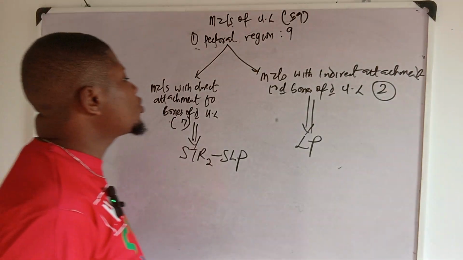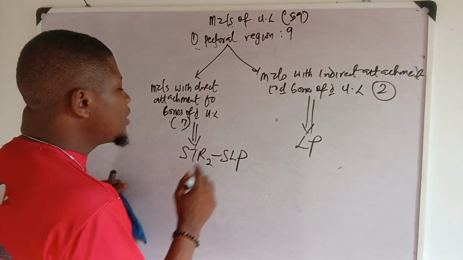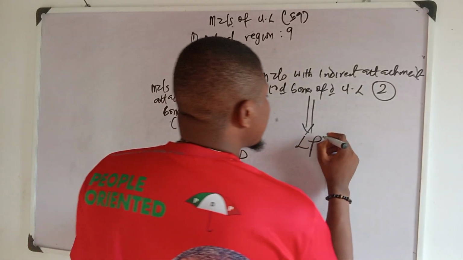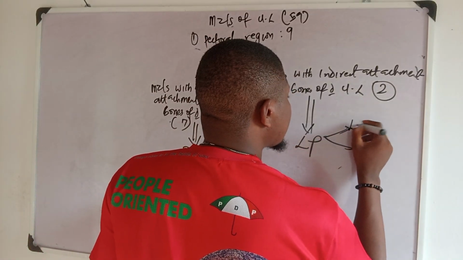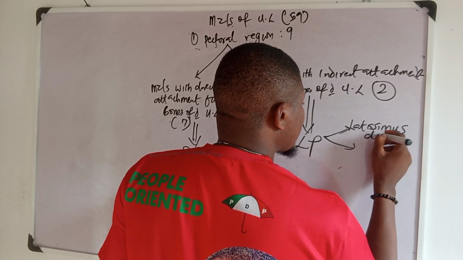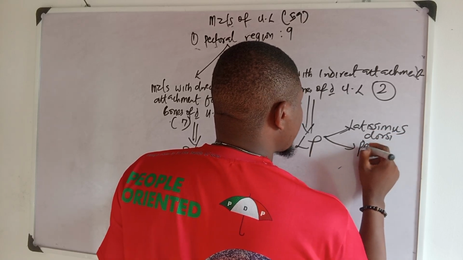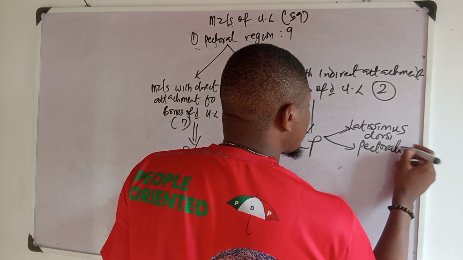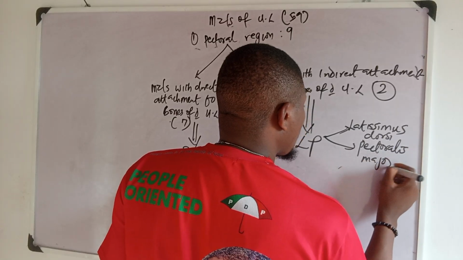Let me list the muscles first. In this LP, L is latissimus dorsi and P is pectoralis major.